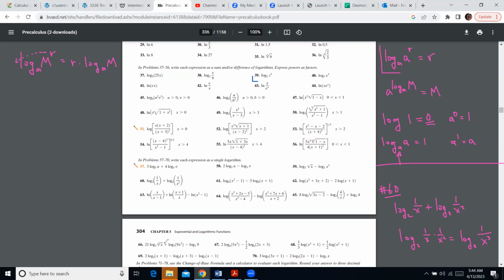Like if I'm looking at what happens here in exercise 66, then I see that 21 is multiplied by a logarithm of a cube root of x, and this is logarithm base 3 here. So what I'm going to do is use this 21 now as a power.